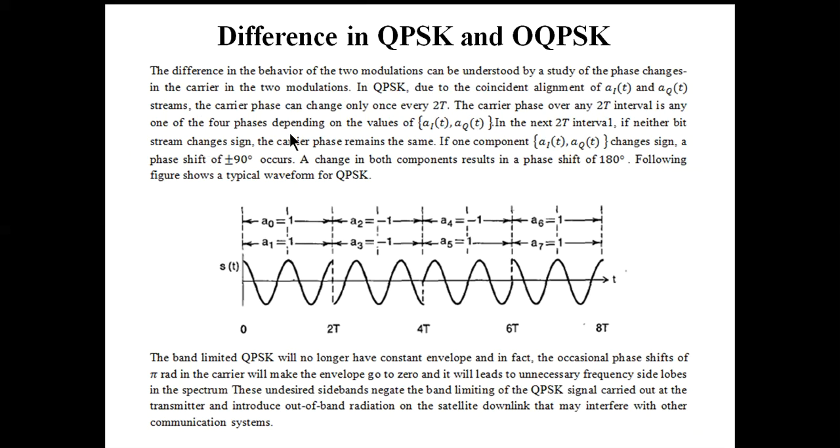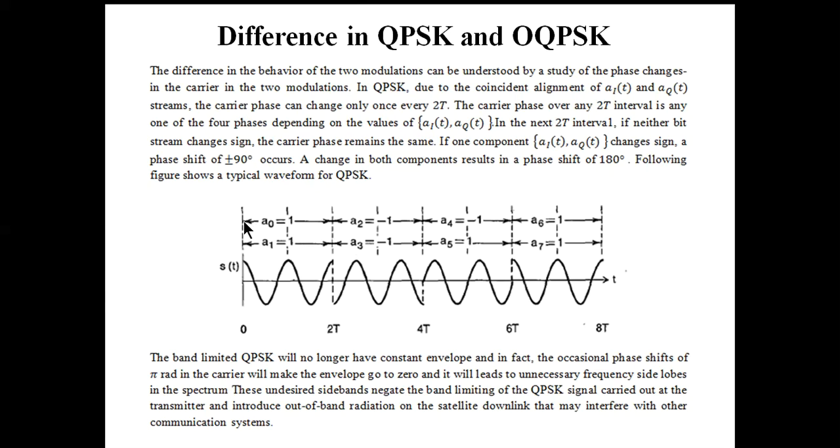Now the difference between QPSK and OQPSK depends on the phase change. If we consider QPSK, due to the coincident alignment of AIT and AQT, the carrier phase can change only once every 2T seconds. Consider this one is the AIT, meaning A0, A2, A4, A6, and this one is the AQT, A1, A3, A5, A7, the odd bits, which form the quadrature bit stream.